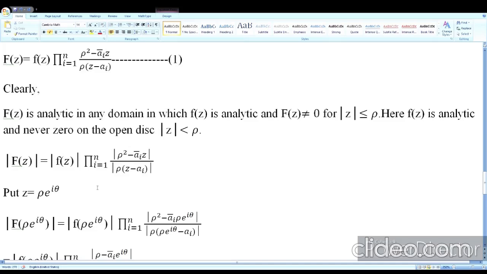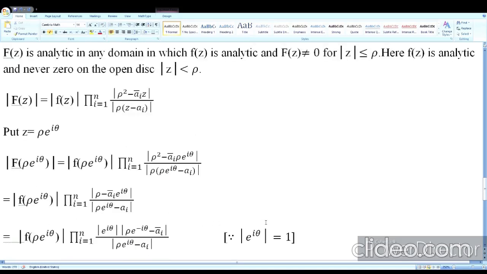Modulus of capital F of rho e power i theta equals modulus of small f of rho e power i theta into product i varies from 1 to n (rho square minus a_i bar rho e power i theta) by rho into (rho e power i theta minus a_i). Now we take modulus of e power i theta outside. So we get (rho e power minus i theta minus a_i bar) divided by (rho e power i theta minus a_i).